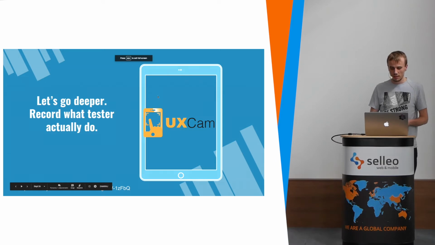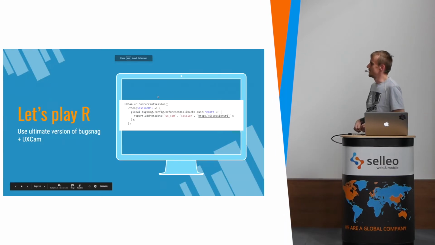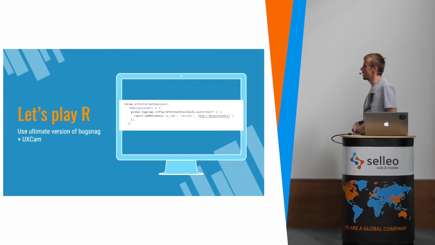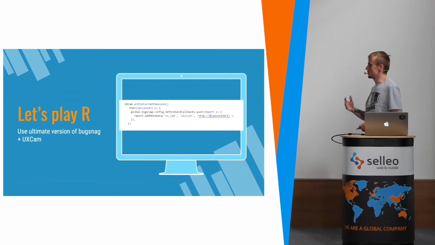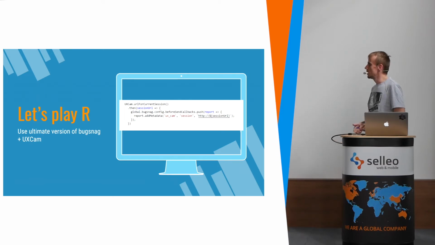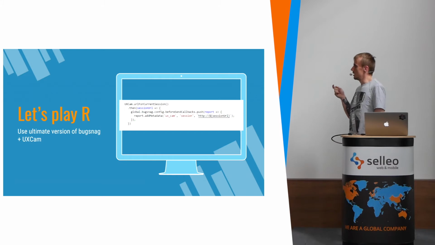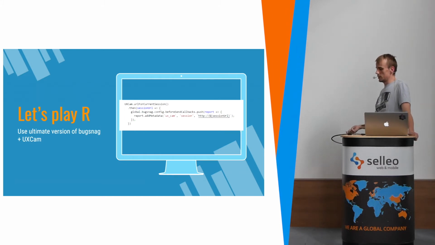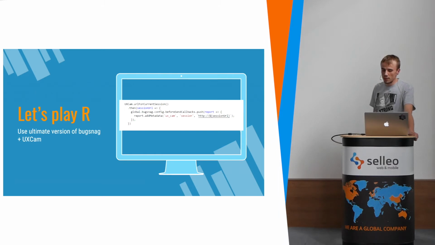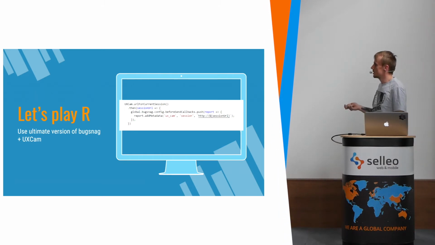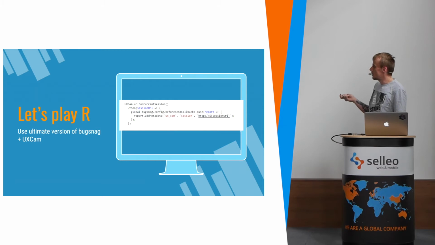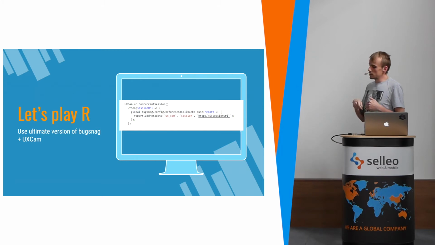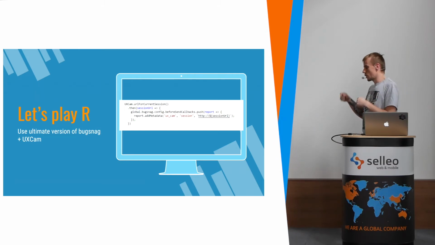So if you are playing League of Legends or stuff like this, you can use an ultimate solution. UXCam is a lib that records all the sessions in the app, and it can provide us a URL to the session of the current user.